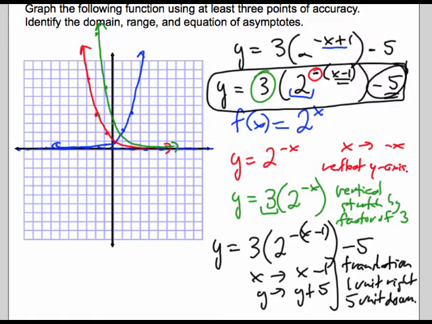Now, part of what we have to translate is the asymptote, and since the asymptote is a horizontal asymptote, it'll be affected only by the translation down. So my asymptote is going to come down 5 units. It's going to be there. And then I'm going to take my green graph, take my core points, and translate them 1 right and 5 down.